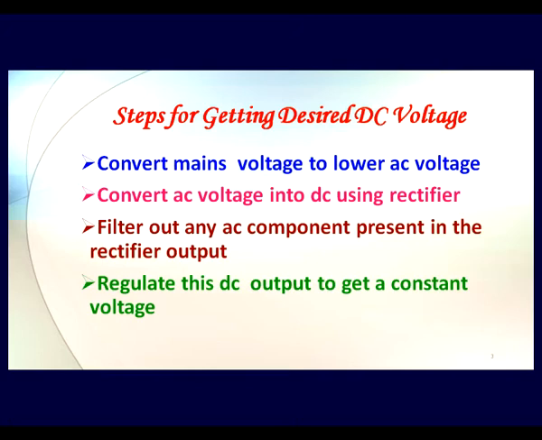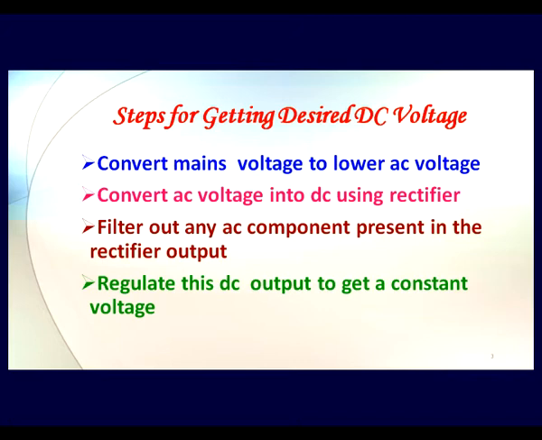After that, we convert that AC into DC using a circuit called a rectifier, which we will be discussing today. But that rectifier output sometimes has some AC component present within it, as will be very clear when we discuss rectifiers.